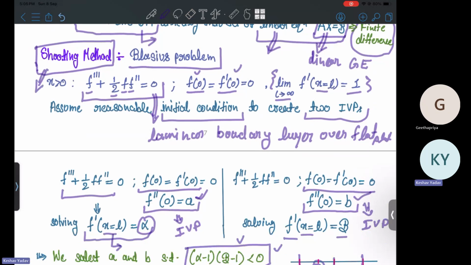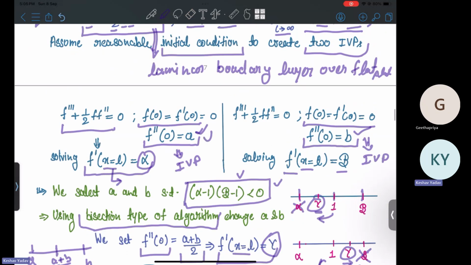Okay. So then the shooting method has been discussed. For that, we have one boundary condition. So we assume two initial conditions such that whatever solution comes should relate to the boundary condition. Suppose I have f prime equal to 1, so if alpha and beta come, one should be less than 1 and the other should be greater than 1.